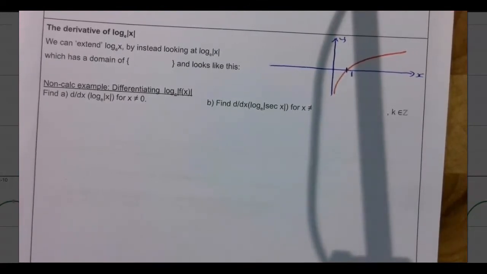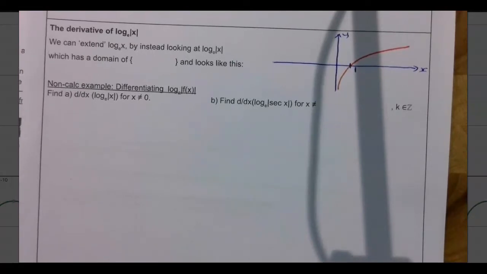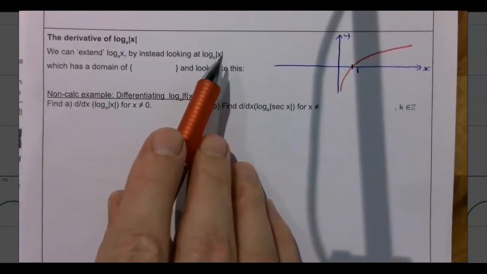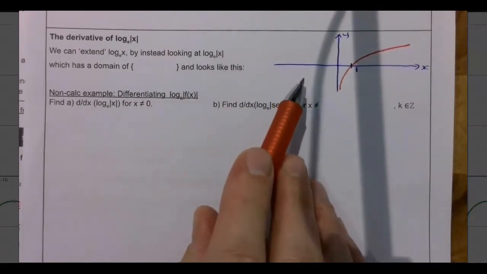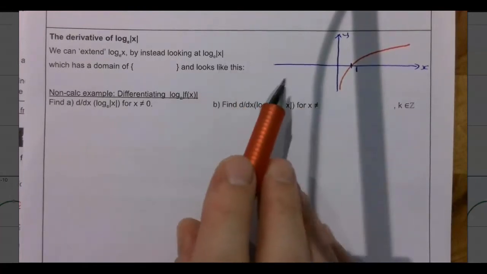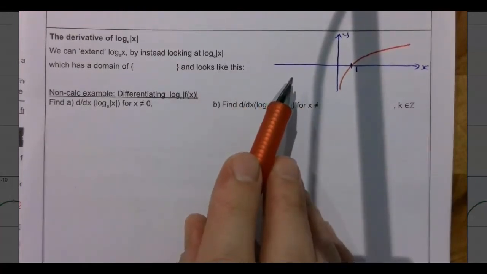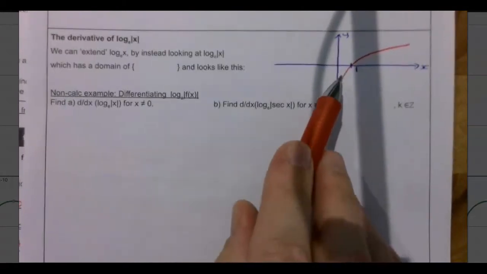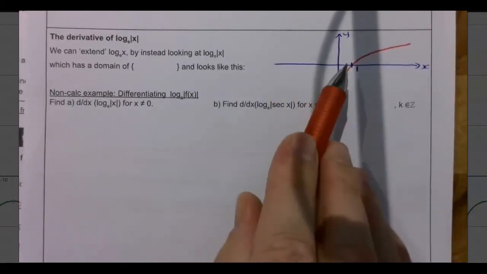But if we apply the modulus inside the bracket, what that means is if I've got a negative value of x, I make it positive and then I evaluate the log. And that means I'm going to get a mirror image, because if I substitute in -1, it's the same as substituting in 1.